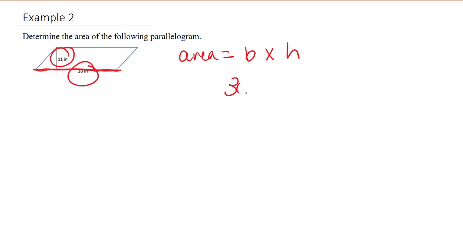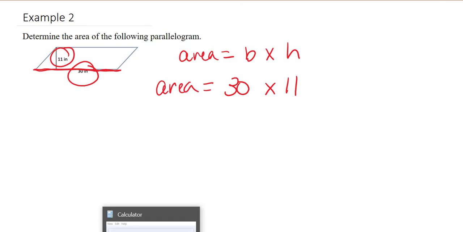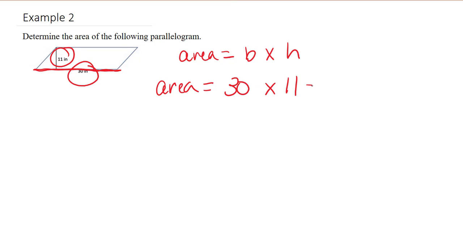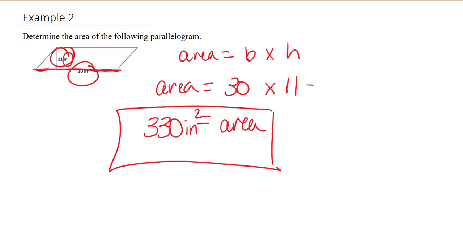So the base is 30 inches times 11, which will get us to our area. So we'll get our calculators out. 11 times 30, and we get 330. Now, what's our units? Well, we have inches, so it's inches squared. So that's our area, 330 inches squared.